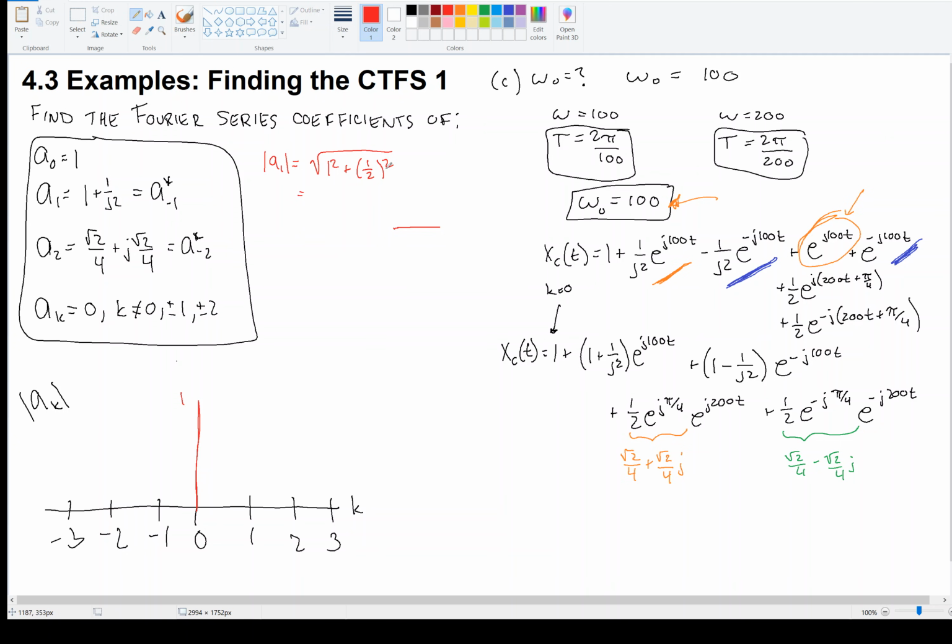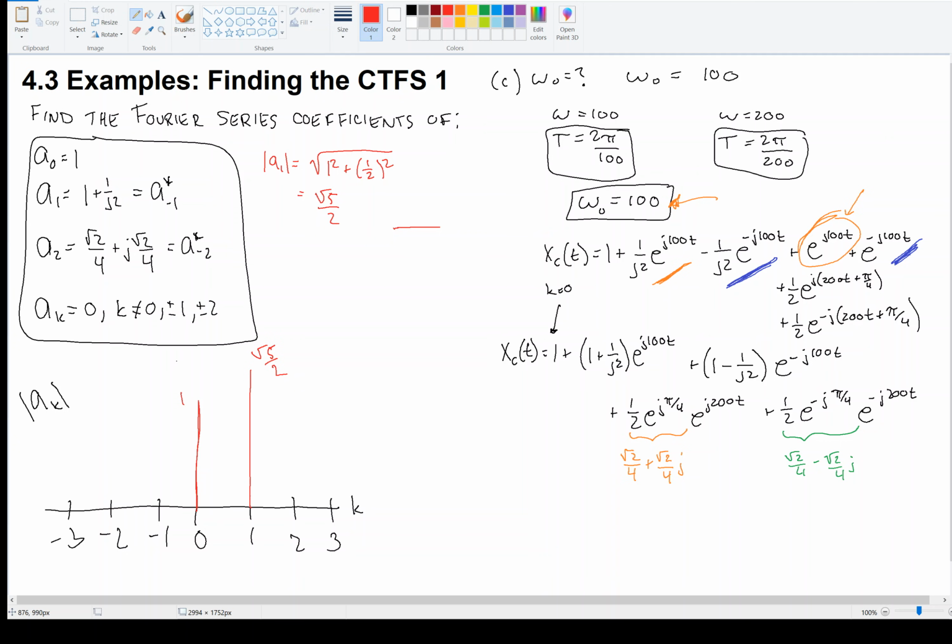So 1/2 squared is 1/4. 1 is 4/4, so this is the square root of 5/4, square root of 5 over 2. Like this.